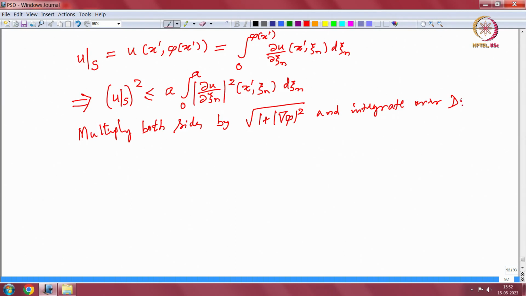So, by definition, the left hand side will be the L2 norm of u on S squared, which is less than or equal to, let me write everything as a constant, the H1 norm of u on omega squared.